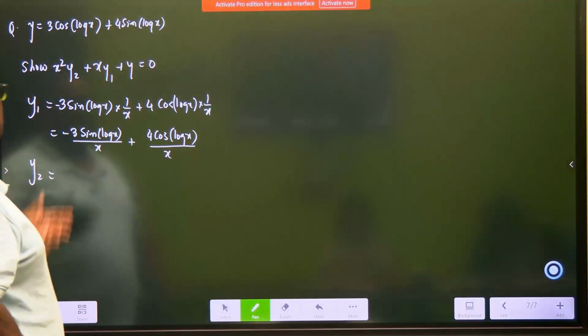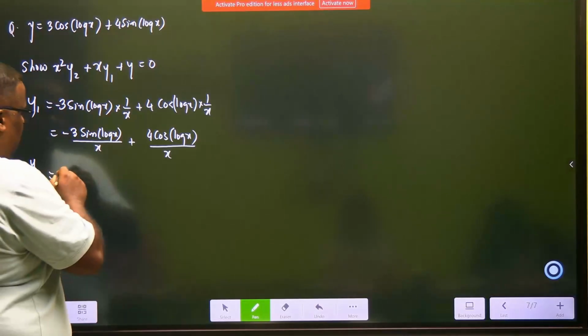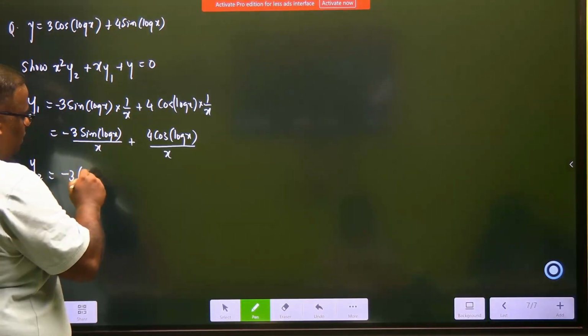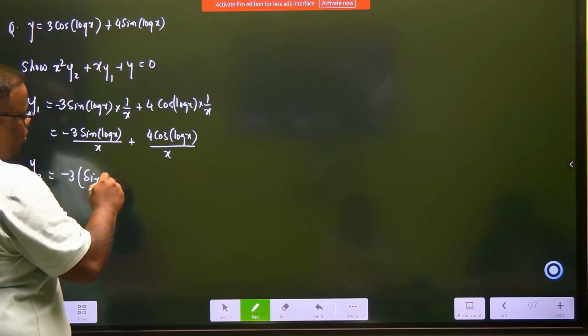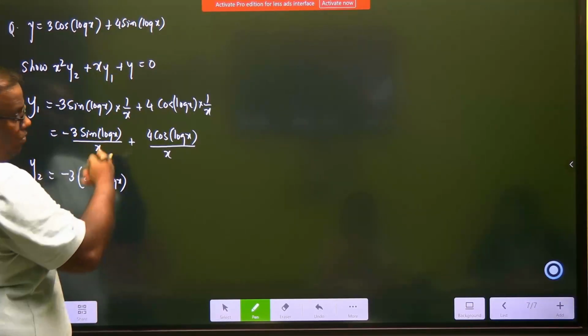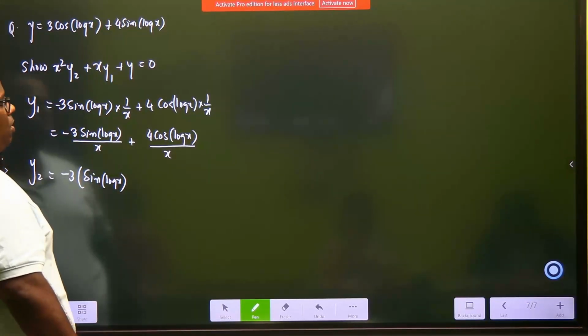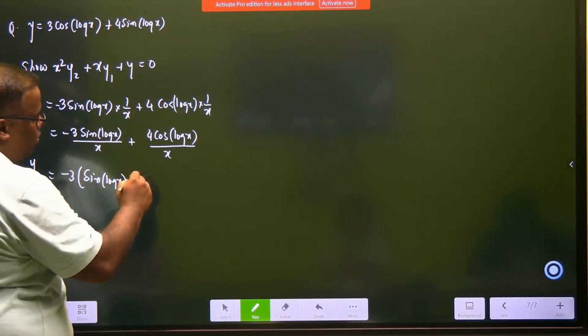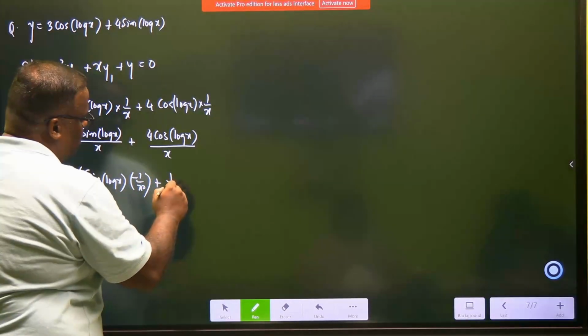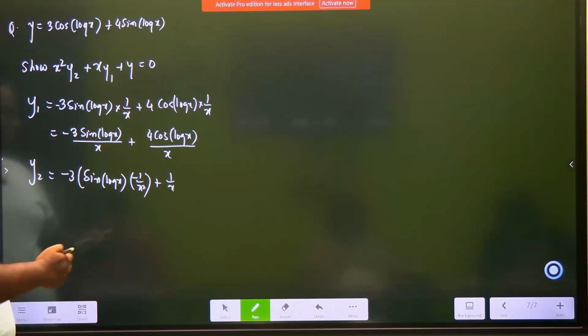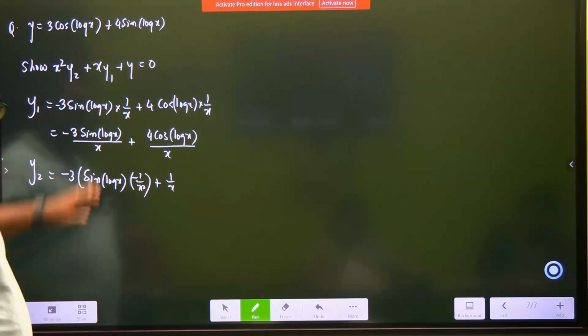Y2. This is your first function. So -3 is taken outside. The first function is sine of log x into differential of the second function. The second function is x to the power -1, whose differential is -1 by x square. You can also use the quotient rule, putting the x square straight away.